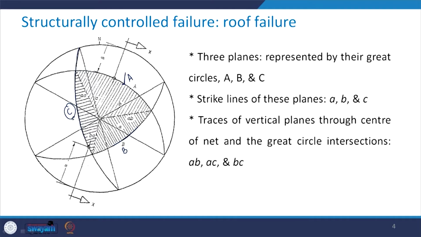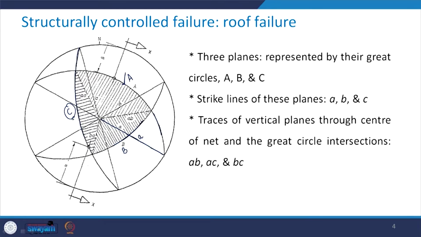See how? This was the circle A and you can see that this is the strike line of plane A, which I am representing by small a.